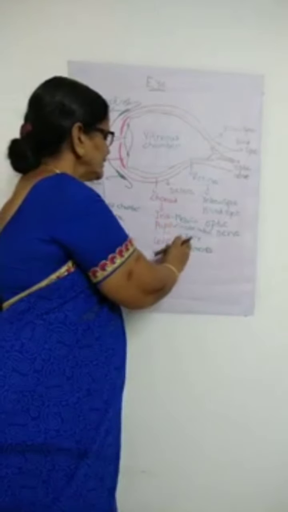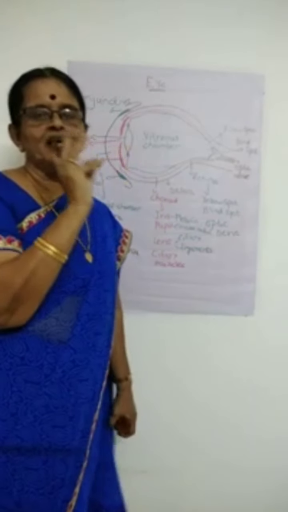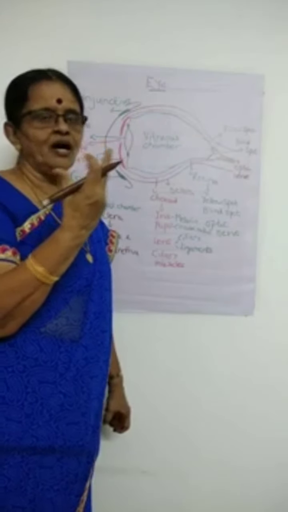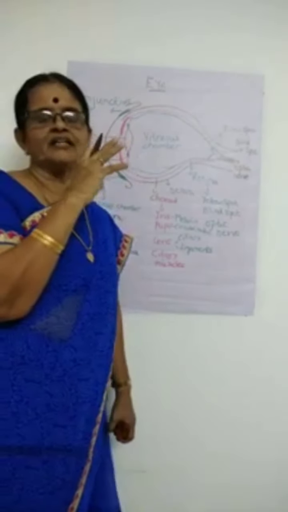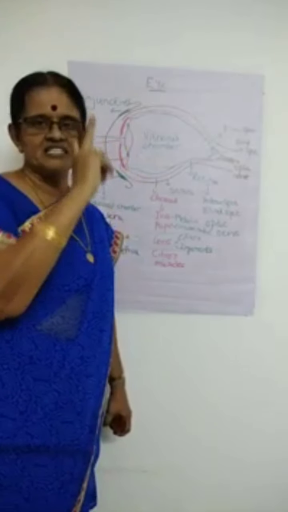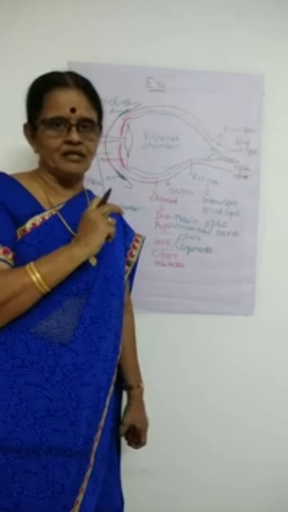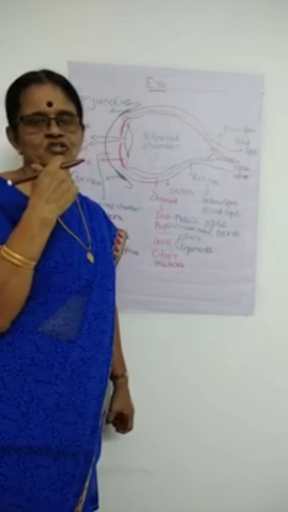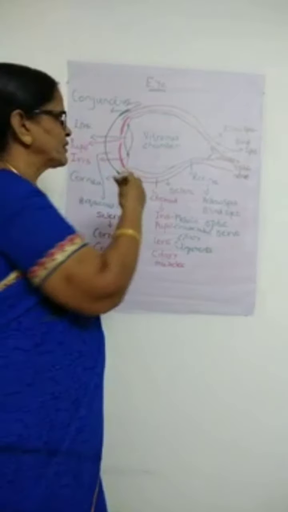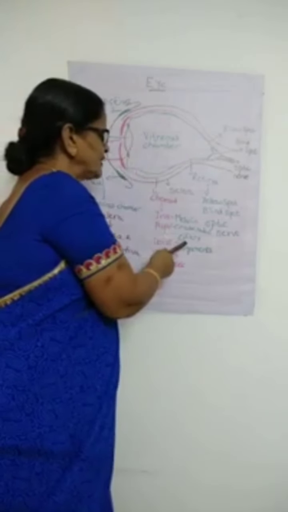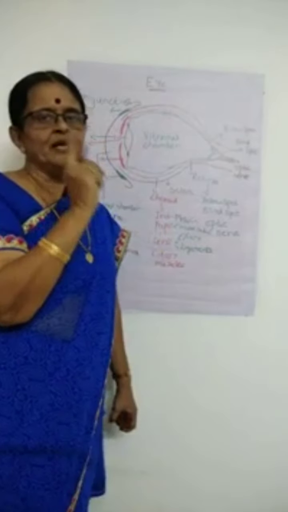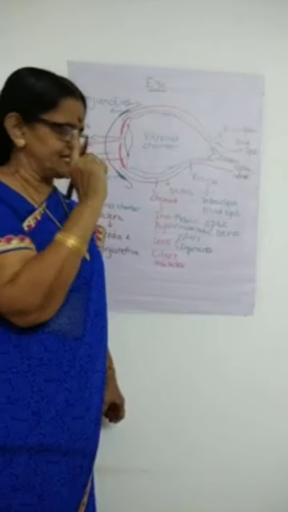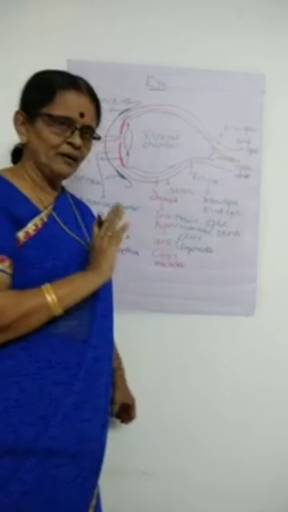Alright, and depending upon the light entering, the lens increases its curvature or decreases its curvature. It alters its curvature with the help of the ciliary muscles. They help in the what? They adjust the focal length of the lens. That is the function of the ciliary muscles.